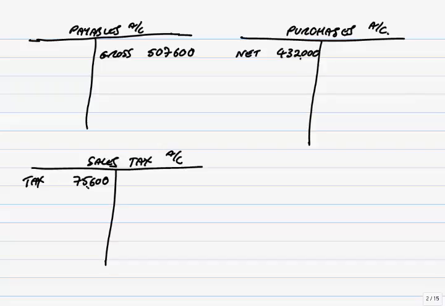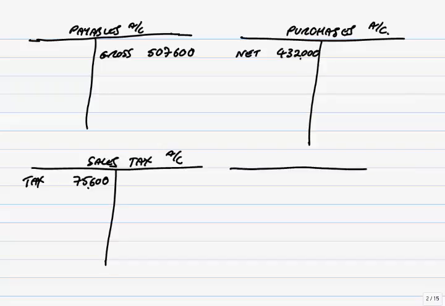Well, that's our purchases. What about the sales? Well, in a very similar way. We've sold goods. Normally, you either debit cash, credit sales if you're sold for cash, or if it's on credit, debit receivables because you're owed money, credit sales with the income.